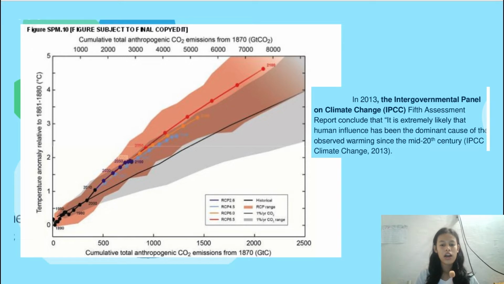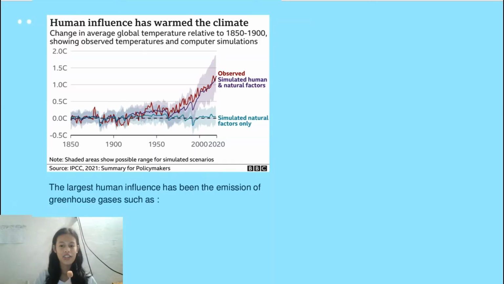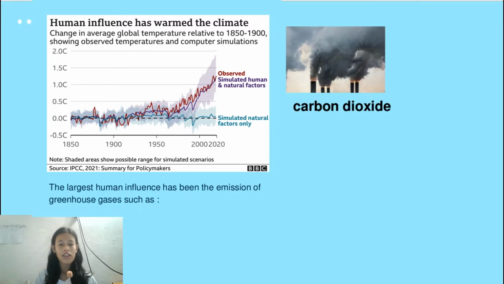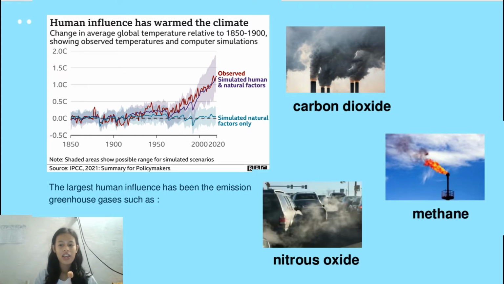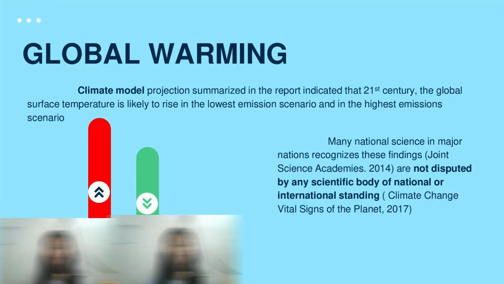The rapid increase of temperature is caused by human activities that will be discussed in the next slides of this presentation. Some of the human influence is the emission of greenhouse gases such as carbon dioxide, methane, and nitrous oxide.